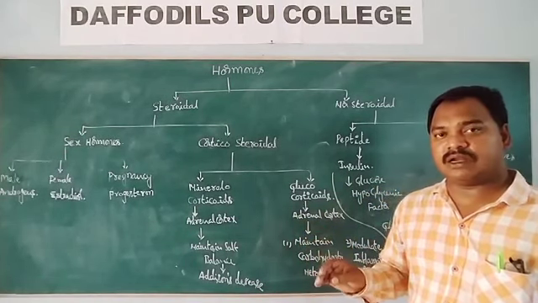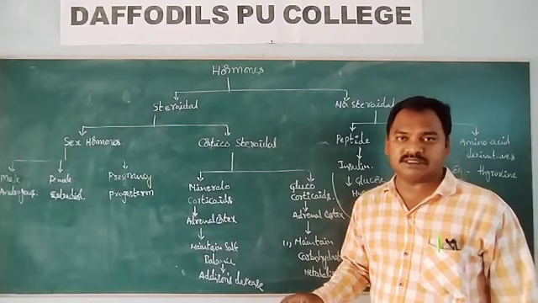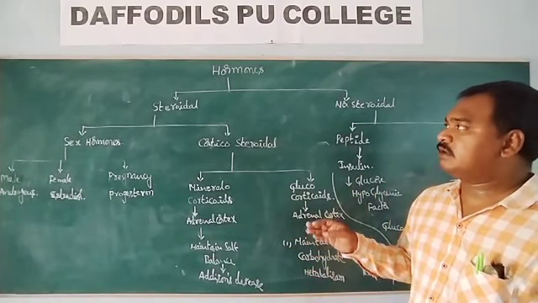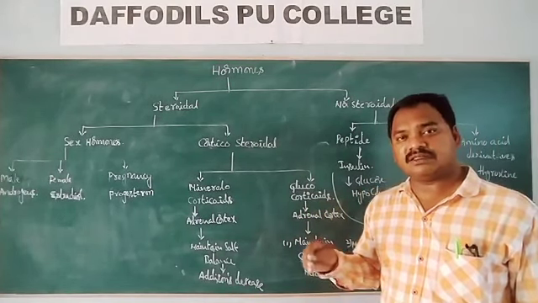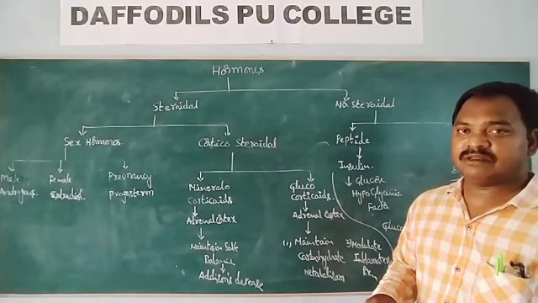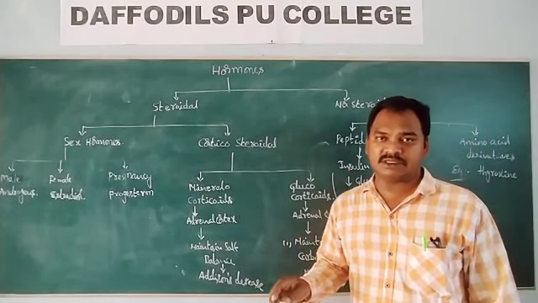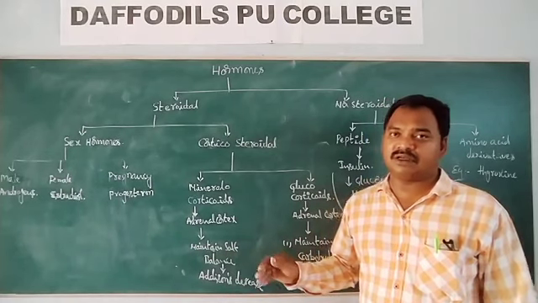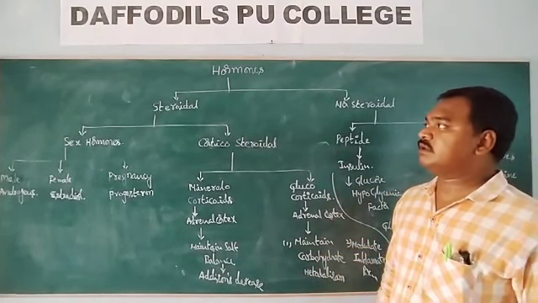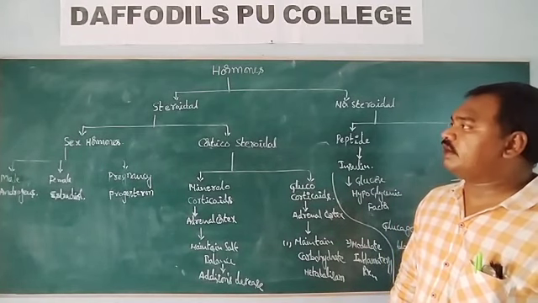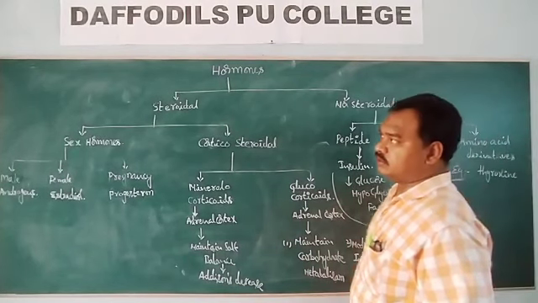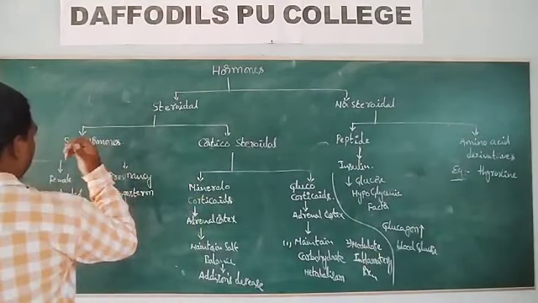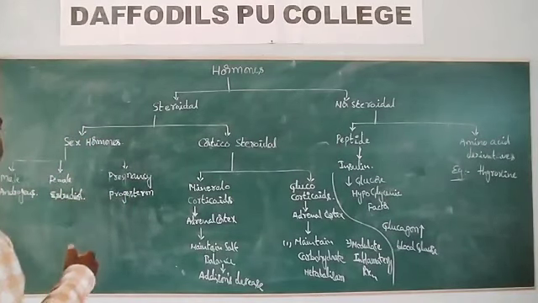The hormones secreted by these ductless glands are released directly into our bloodstream and transfer chemical messages from one cell to another throughout our body. These hormones are broadly divided into two types: steroidal hormones and non-steroidal hormones. Again, steroidal hormones are of two types: sexual hormones and corticosteroids.